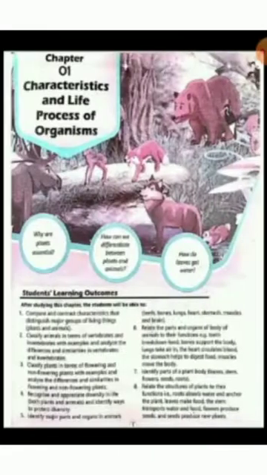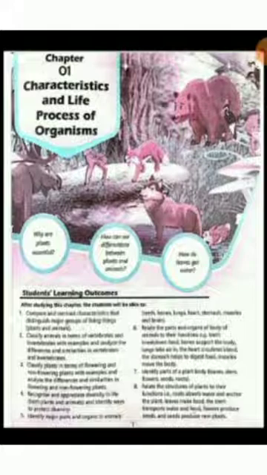Okay, dears. Now come to our lesson revision. As you know, this lesson is about living organisms, and the living organisms are divided into 2 main groups. Number 1 is plants and number 2 is animals.